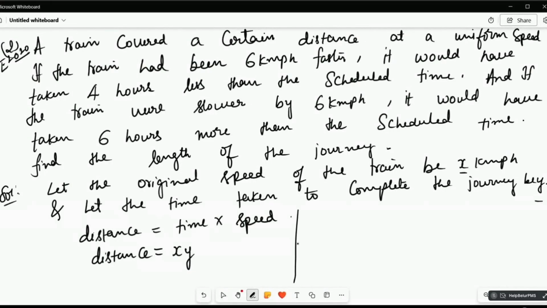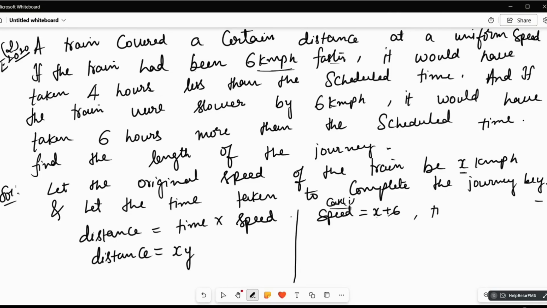Now, if the train has traveled 6 kilometers faster, if I consider this as case 1, the speed will be x plus 6. Then time taken will reduce.